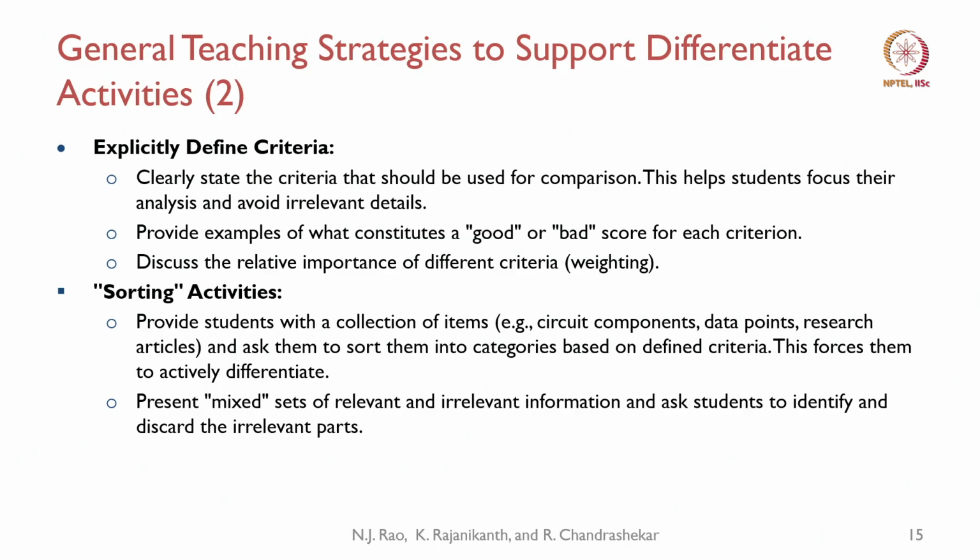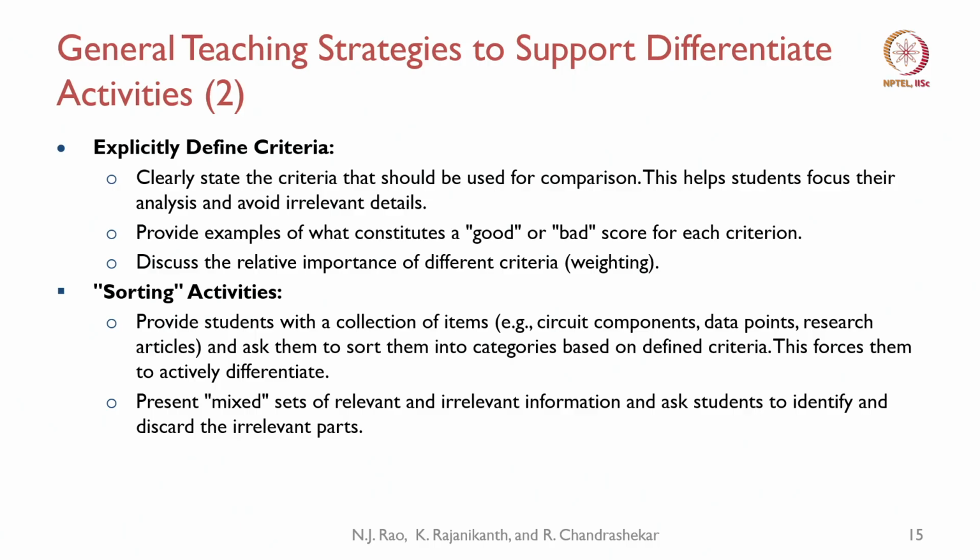Provide examples of what constitutes a good or a bad score for each criterion. Discuss the relative importance of different criteria. That is your weighting. Now, these steps that we are showing indicate how to explicitly define criteria.